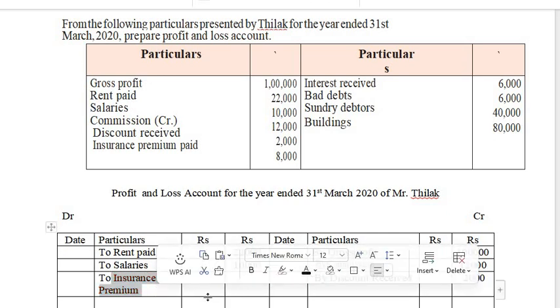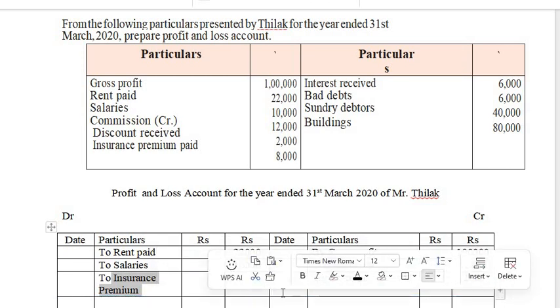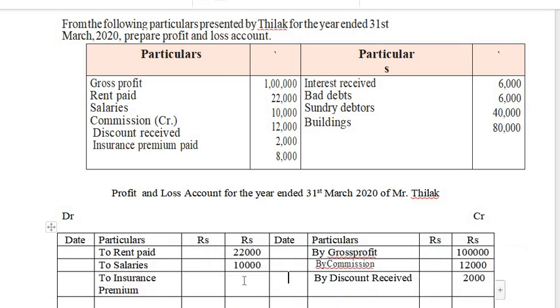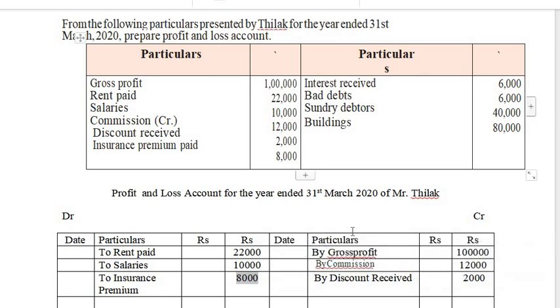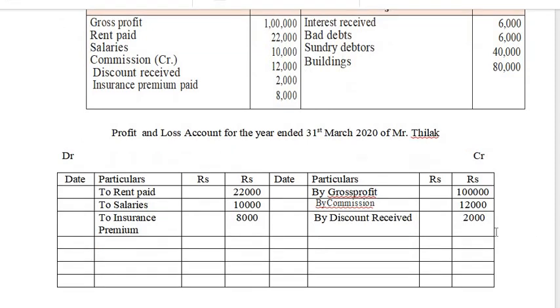Insurance premium paid, the value they are given as 8,000. Okay. The next one is interest received. So that I have to write on the credit side by interest received.